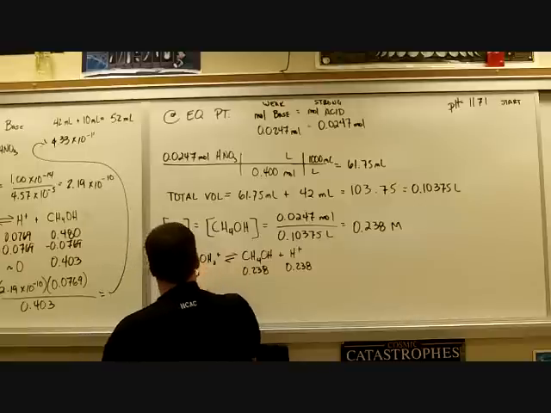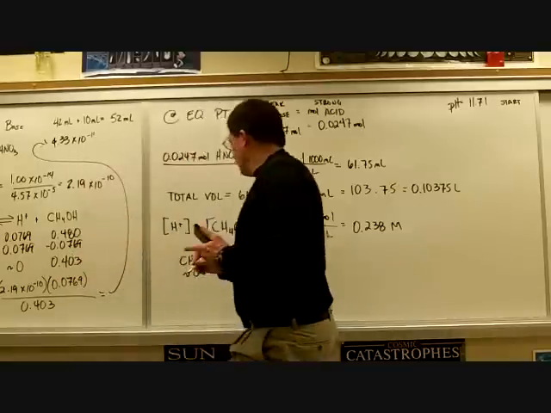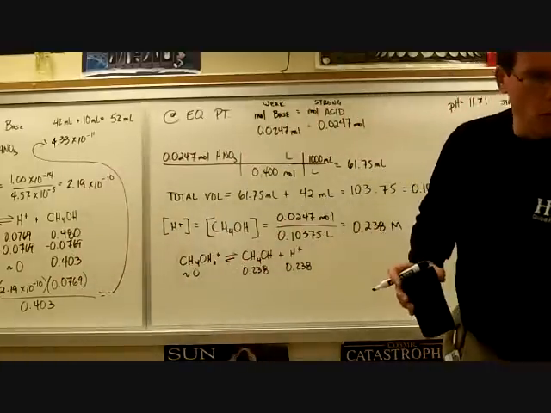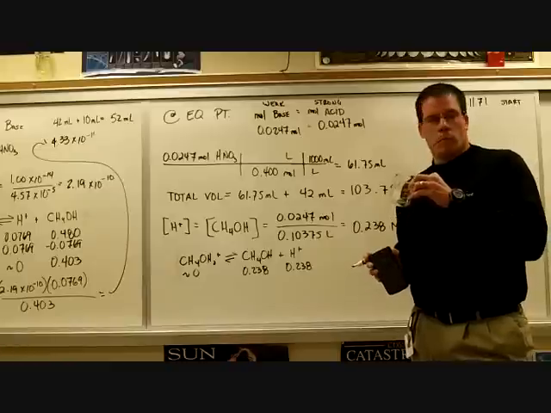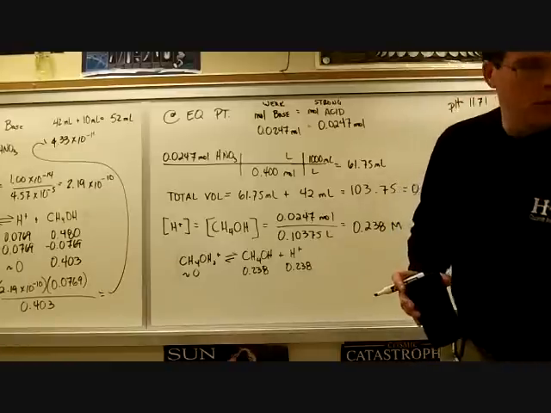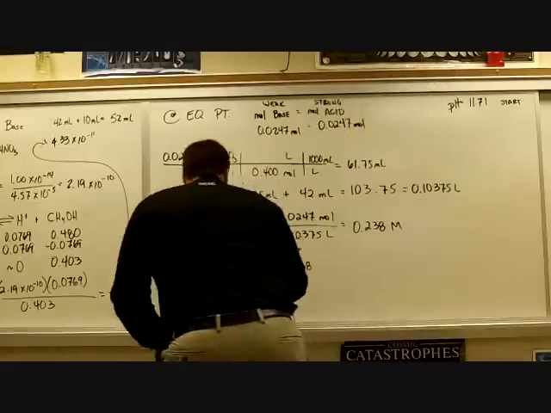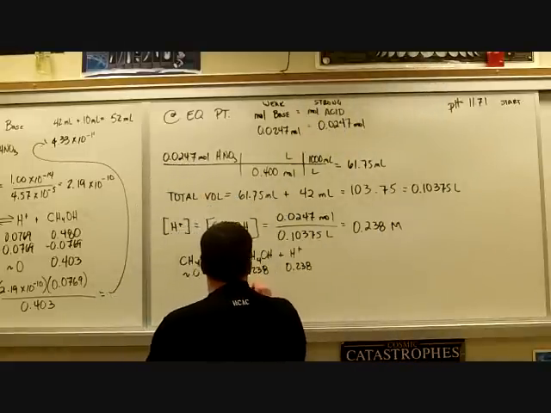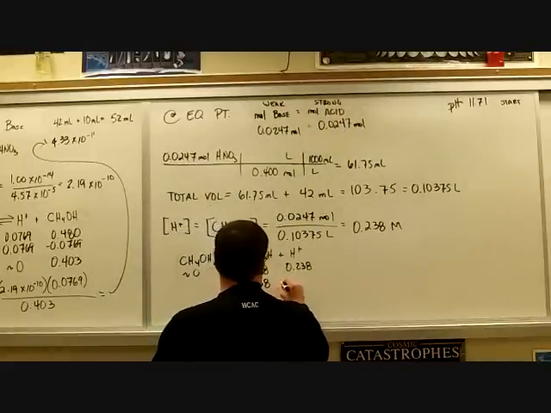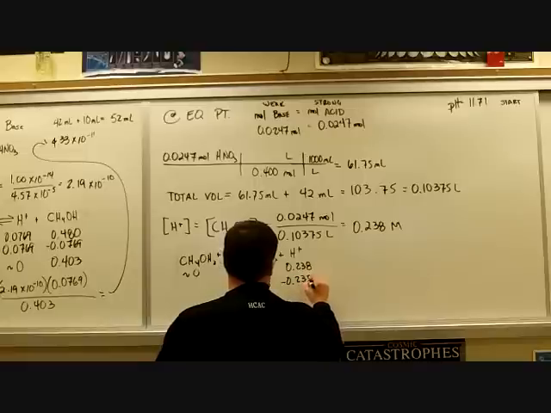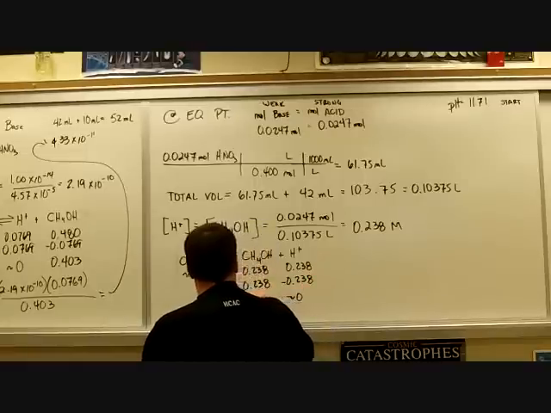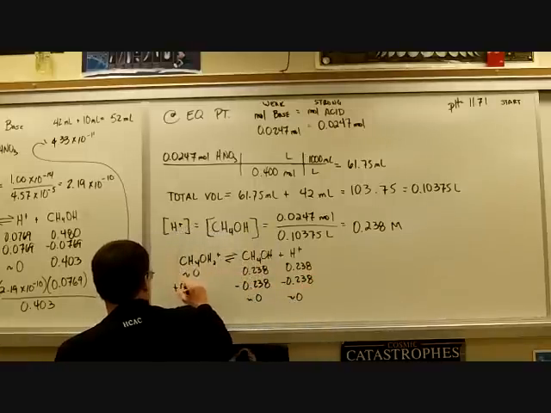And again, approximately 0, because what we're really doing is starting with only the weak base in there, so it's a really small concentration. We'll subtract by the smaller of the two. Well, at the equivalence point, they are the same, so they both go to 0. And then equilibrium is reestablished.